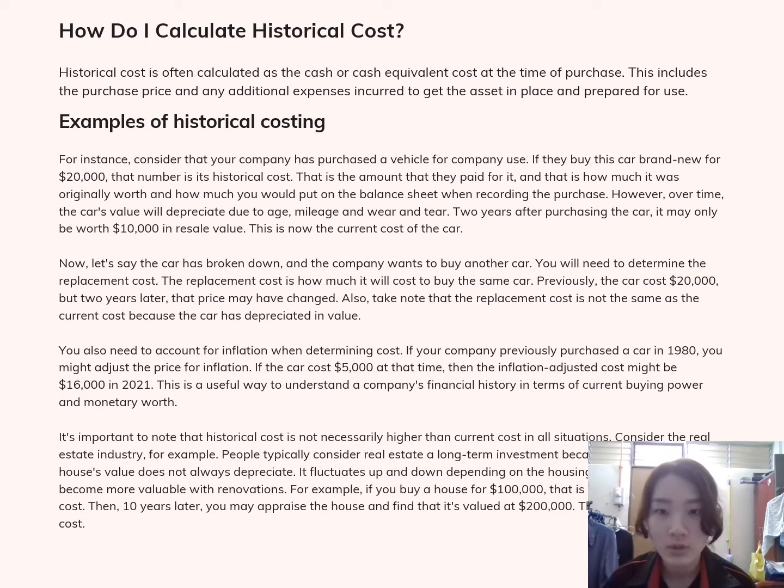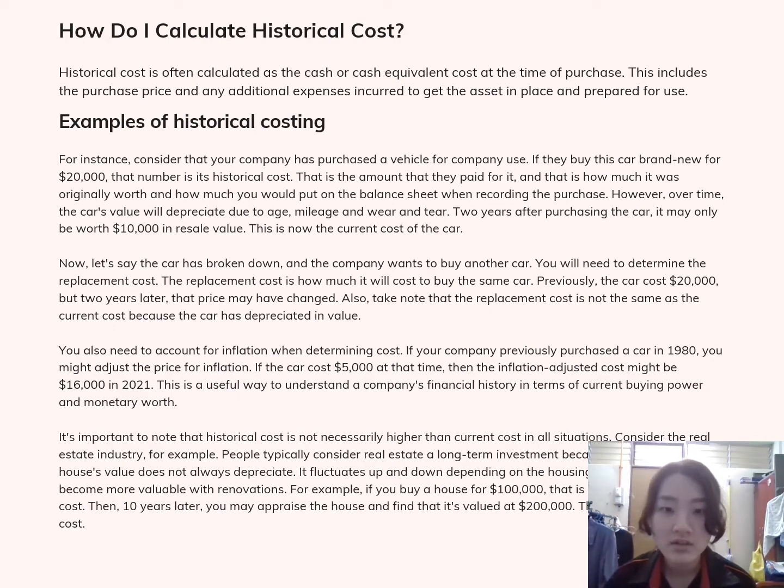You will need to determine the replacement cost. The replacement cost is how much it will cost to buy the same car. Previously, the car cost 20,000, but 2 years later, that price may have changed. Also, take note that the replacement cost is not the same as the current cost because the car has depreciated in value. You also need to account for inflation when determining costs.